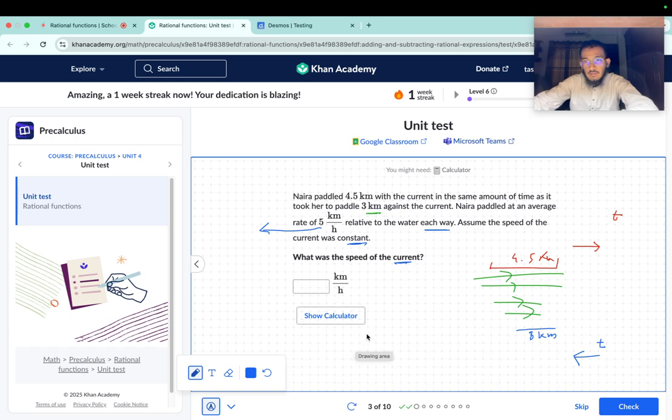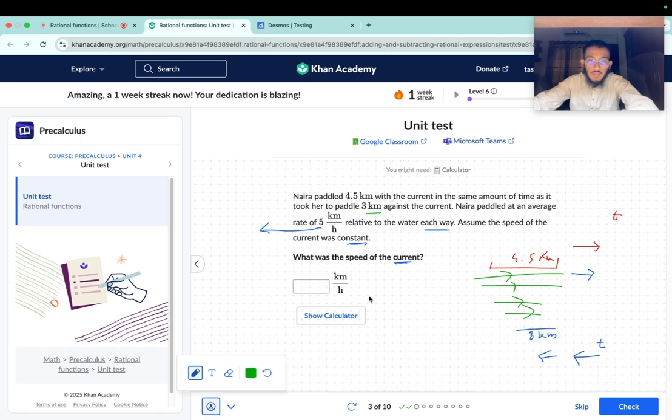So that is the reason for relative to the water each way, while she was going in the same direction as the current and also against the current. So that's why she got less distance. She was able to paddle less distance when she was traveling opposite to the current.